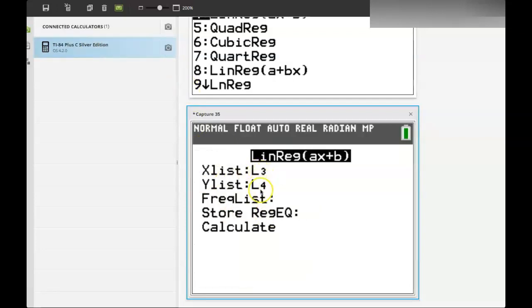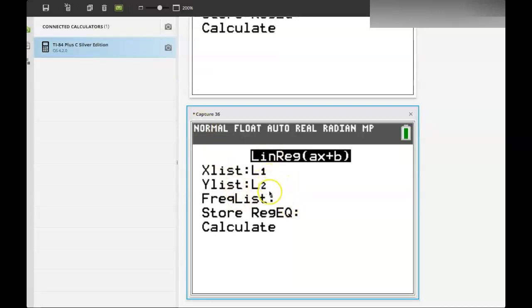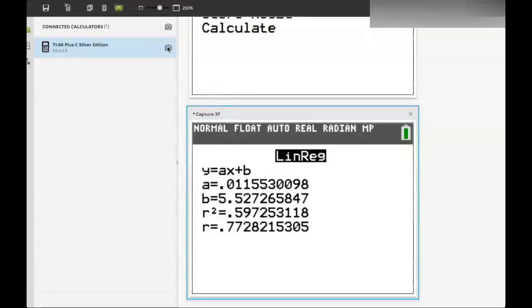Now here I have L3, L4. I should have L1, L2. So change the first one to L1 by pressing second 1, and instead of L4, press second 2. Now I have L1, L2. And enter, enter, enter. So here is what we have.